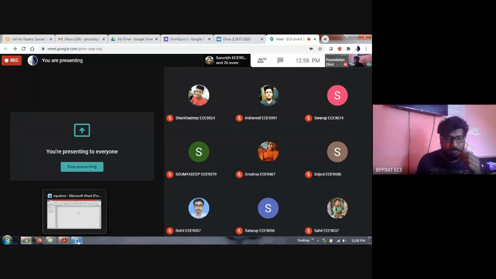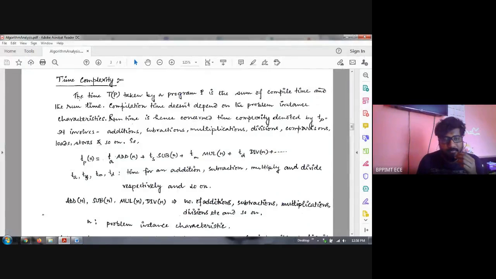Okay, so now the time complexity. The time taken by a program P, for example, any program is denoted by P, is supposed to be TP. That time is the sum of the compile time and the runtime. The compilation time does not depend on the problem instance characteristics, so time complexity is effectively measured by the runtime.